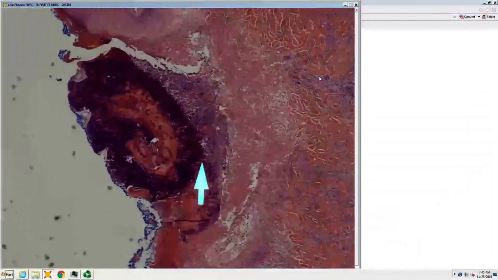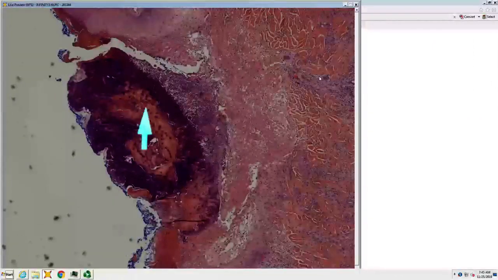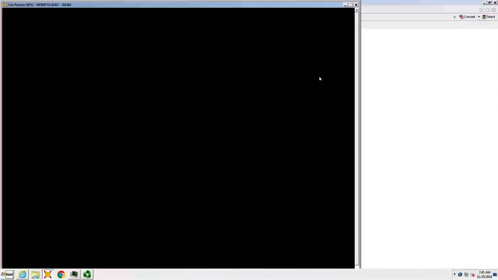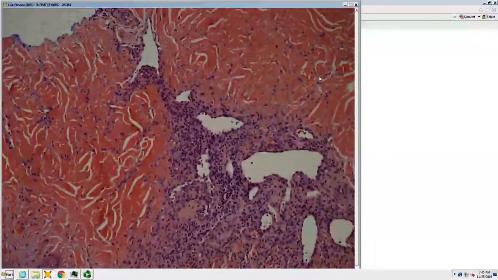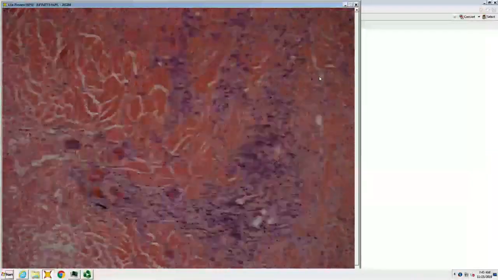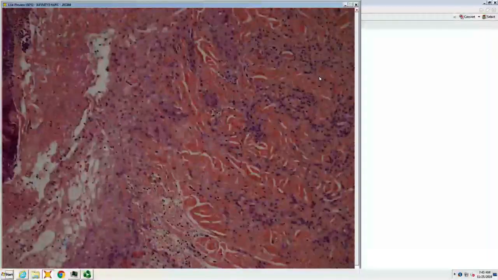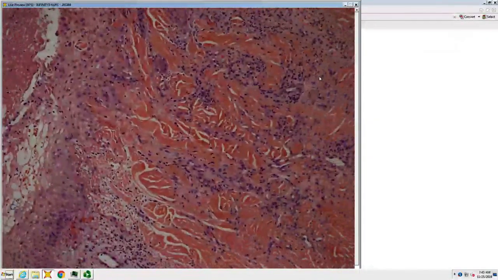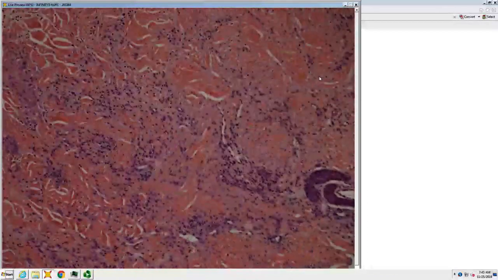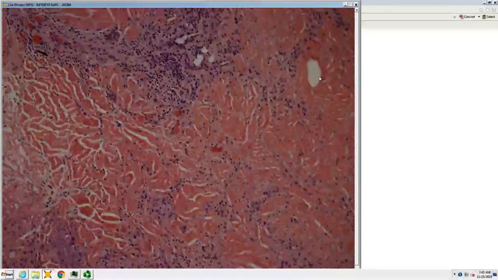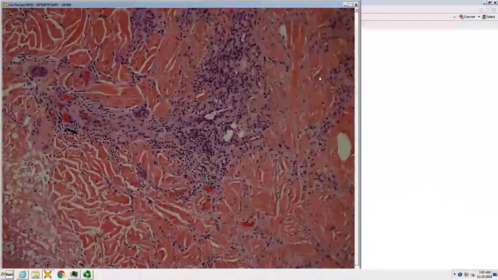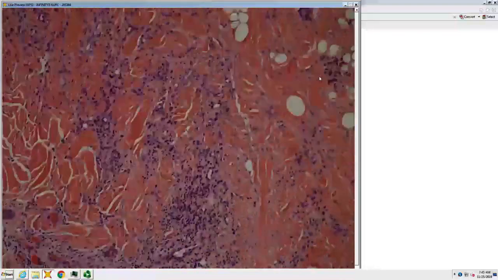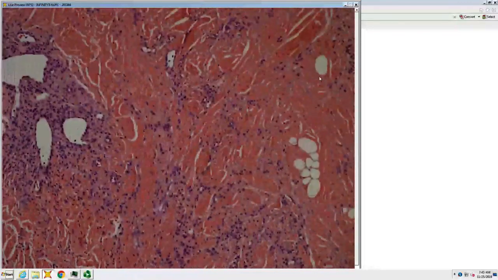Kind of crust. You've got lots of staphylococcal colonies, so an ulcer, crust, and then we're going to look in the granulation tissue beneath the ulcer. You're looking for a bug. Well, we're looking for something. Let's see if we can find it nicely here. Not as nice as I'd like.